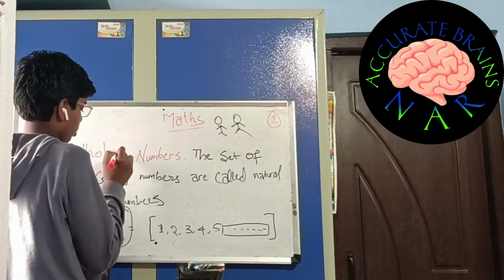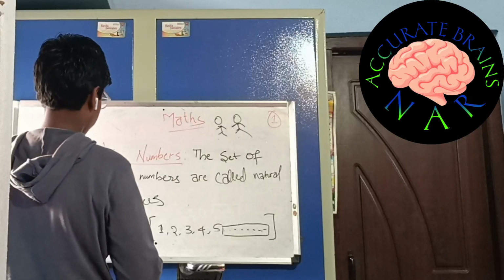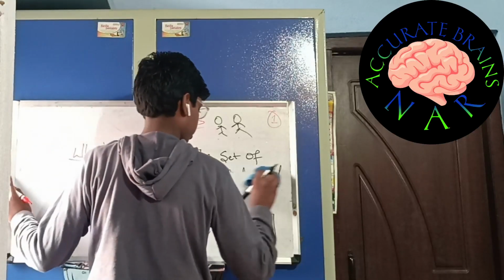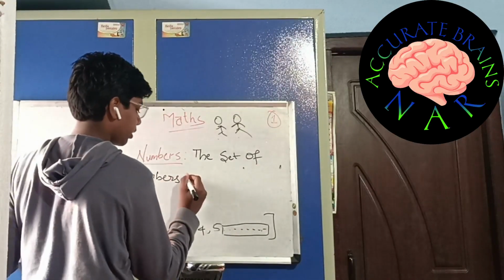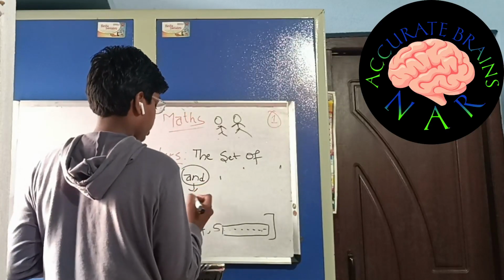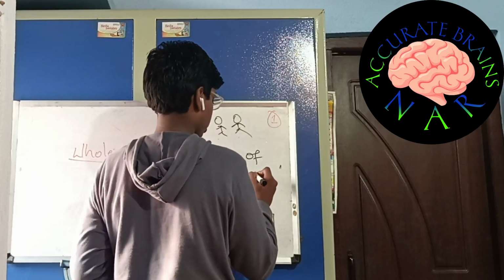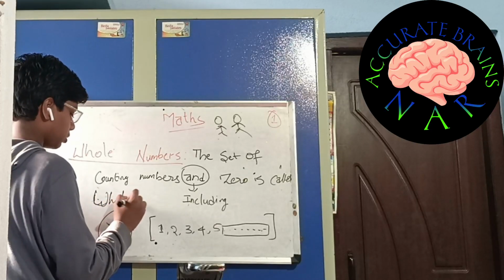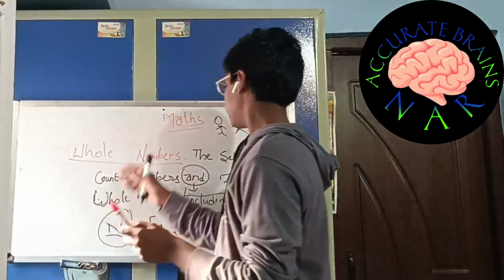Whole numbers: the set of counting numbers, the same as the earlier definition, but including 0, are called whole numbers.